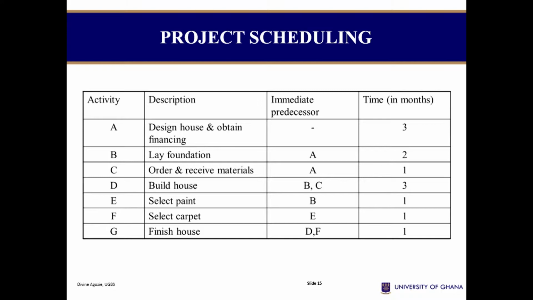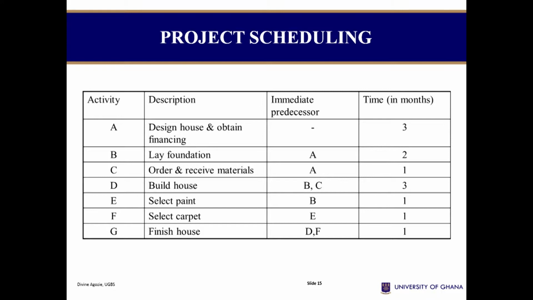For instance, if you look at activity A, it has a dash as its immediate predecessor. What this is saying is that activity A is the first activity, that initial activity. And so there's no activity that would come before activity A. But if you consider activity B, it says that its immediate predecessor is activity A. So it means that once we are done with A, we can move on to B. And it continues in that order.